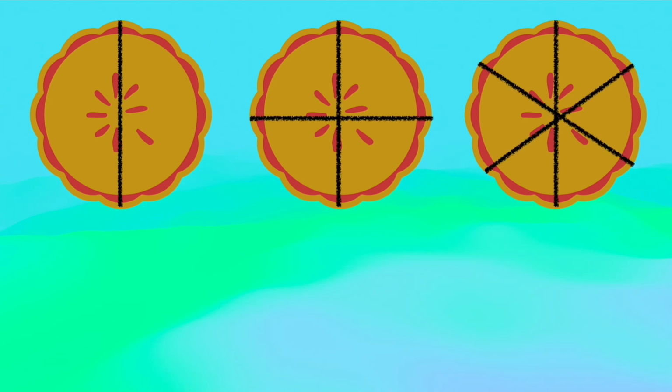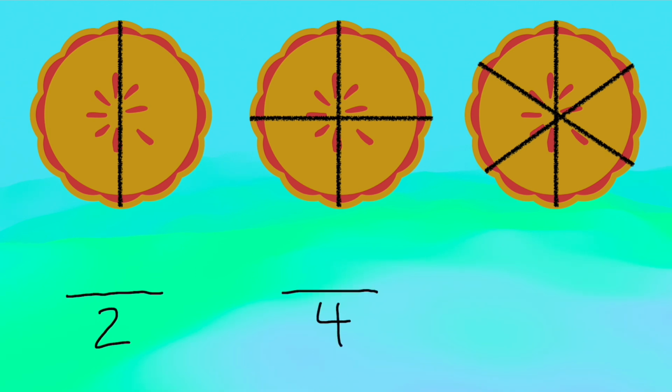As an example, here we have 3 pies. Our first pie we've cut into 2 pieces, so any fraction that we talk about for this one is going to be over 2. The middle pie we have divided into 4 pieces, and the last pie we've divided into 6 pieces.